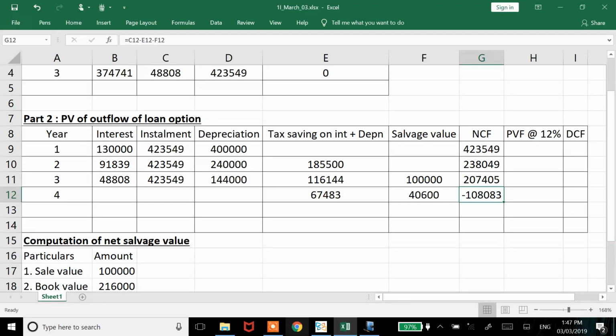Any doubts on this? The tax inflows or outflows will happen a year later.